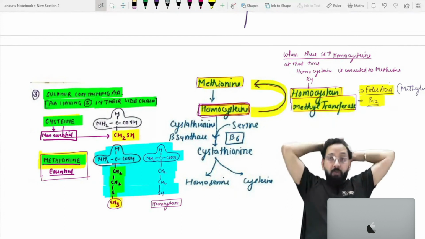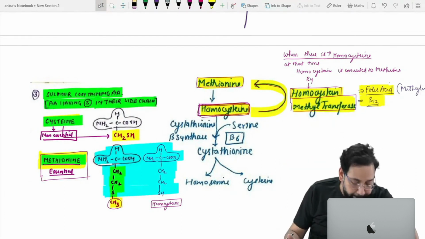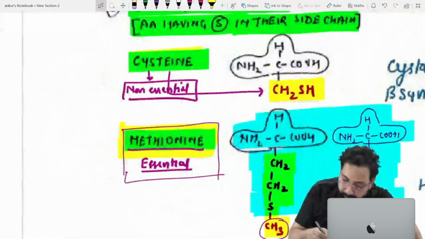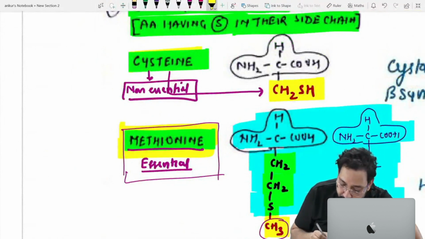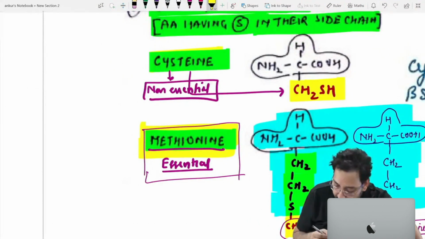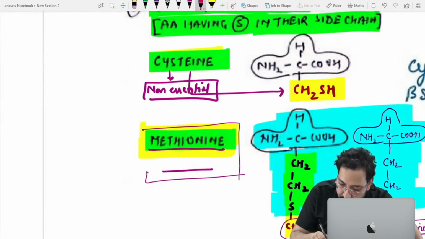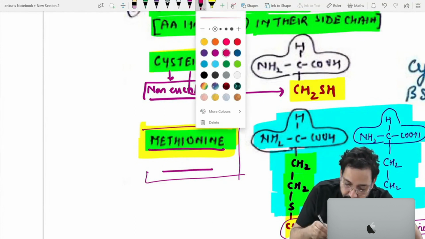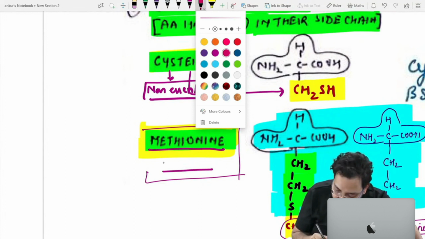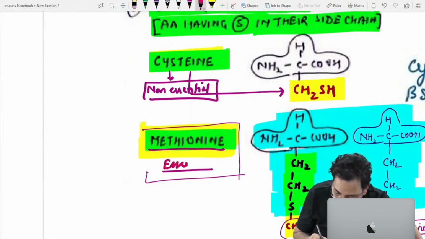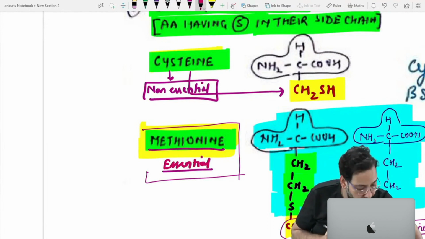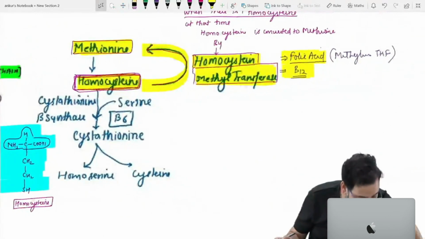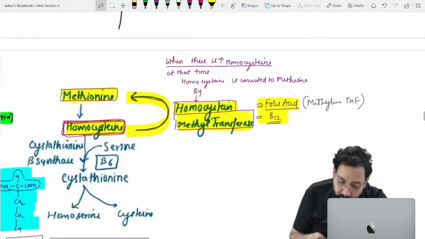I made you remember that methionine is essential, but now I am taking a U-turn just like a politician. Yes, Srivalli told the correct answer.